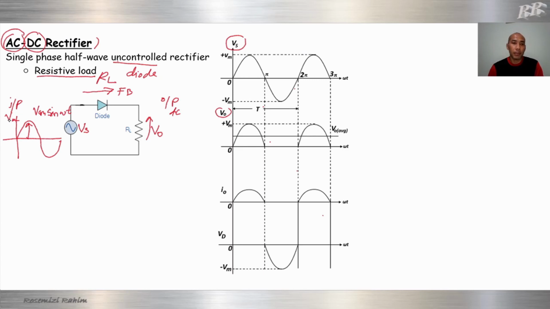I out is here. And V diode is here, the diode voltage, Vd.